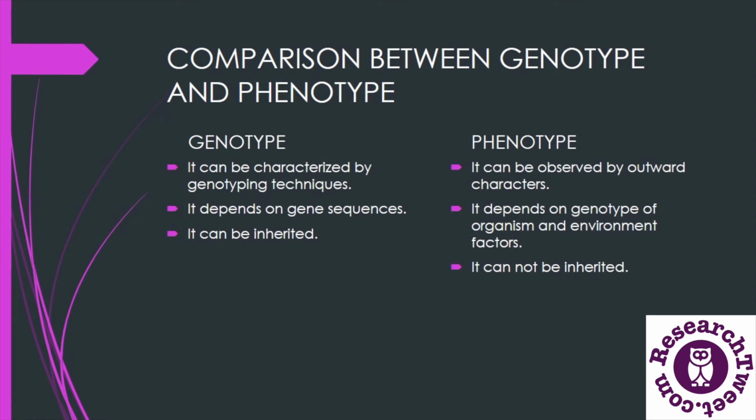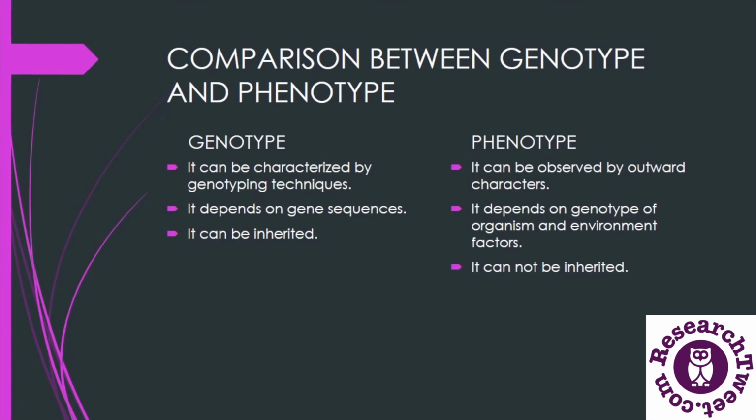The genotype of any organism depends on gene sequences which it inherited from its parents, while the phenotype is dependent on the genotype of the organism as well as all the environmental factors which affect and influence the phenotypic ratio of this organism.